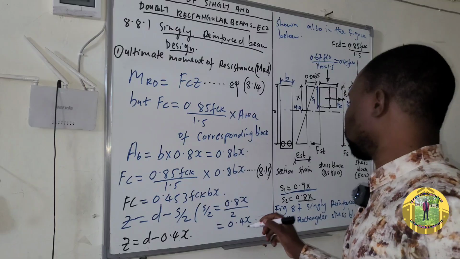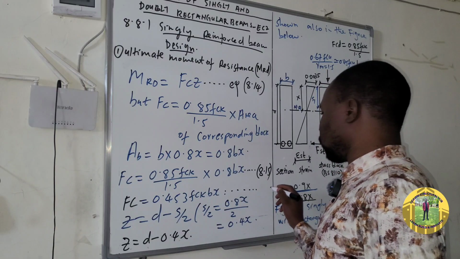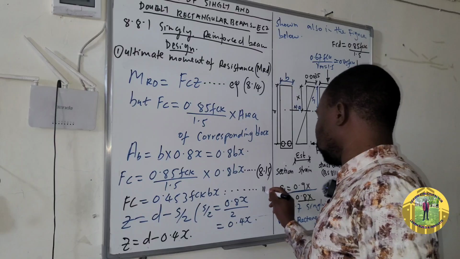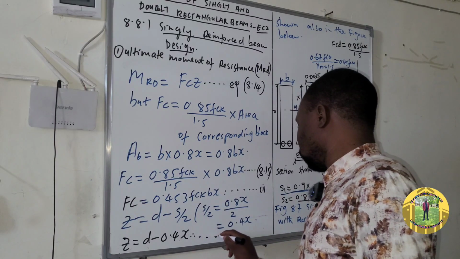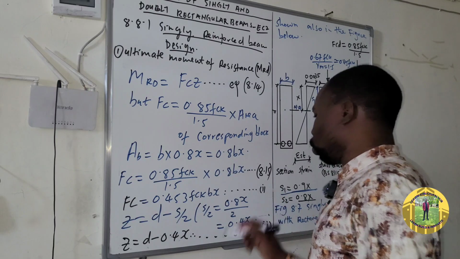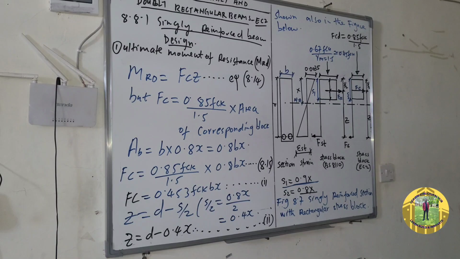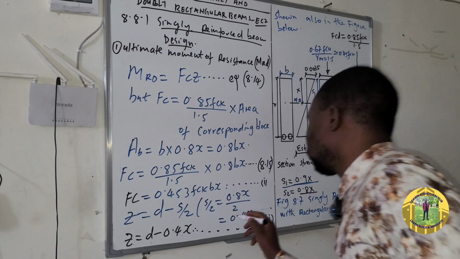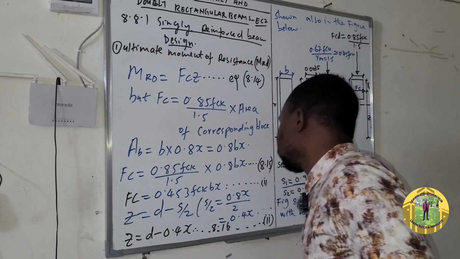So we have this expression. Let us call it expression number 1, and this one expression number 2. Again, this is equation 8.16 in Eurocode 2.